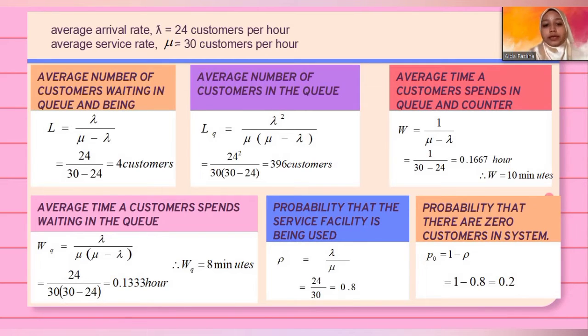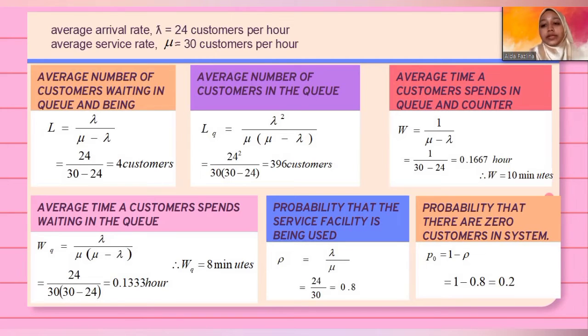Second, average number of customers in the queue. LQ equals lambda to the power of 2 over mu times mu minus lambda. The answer is 3.2 customers.